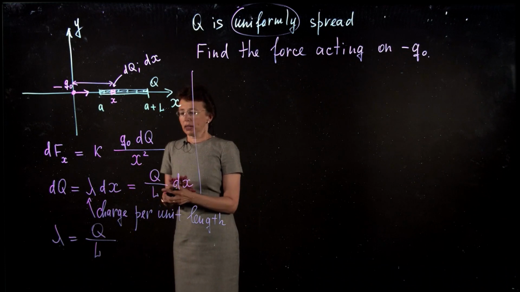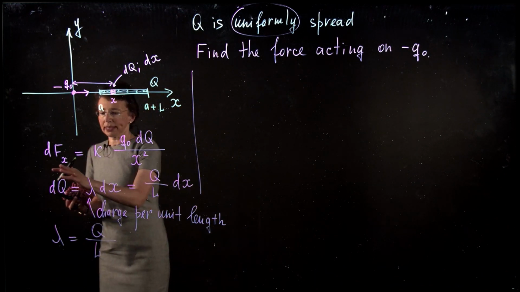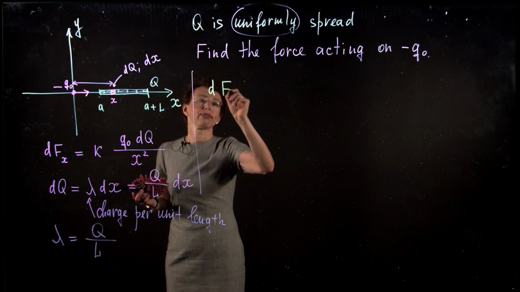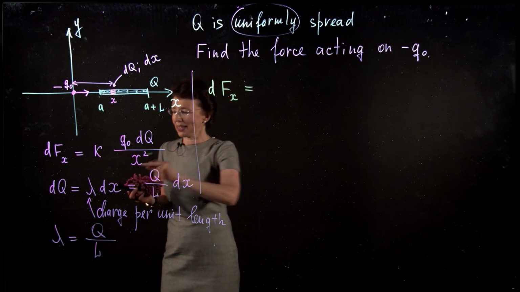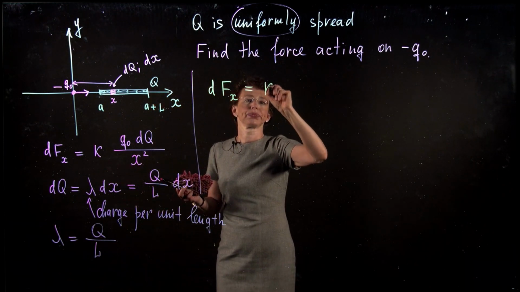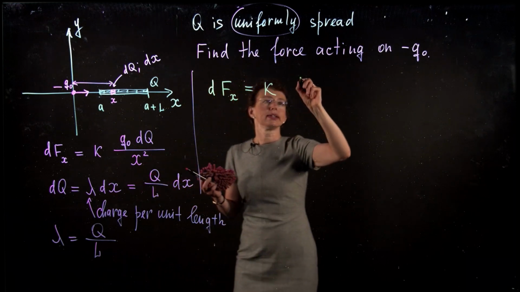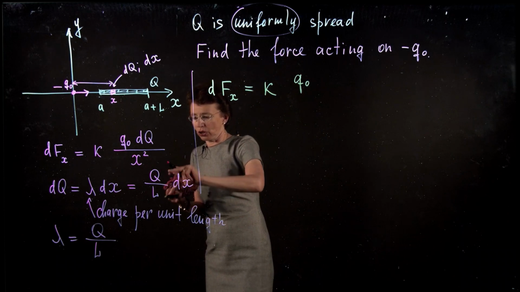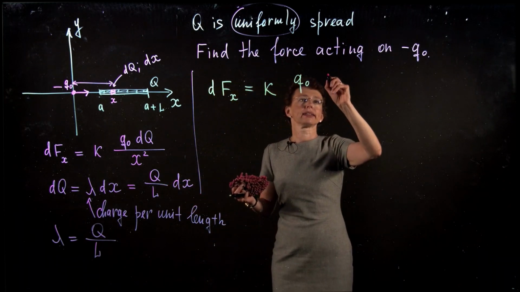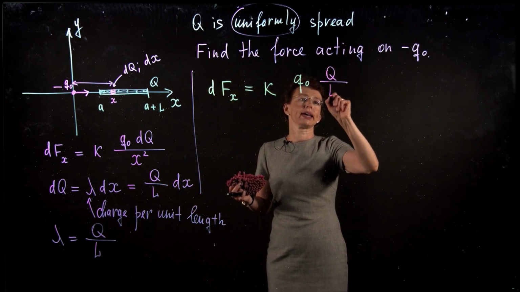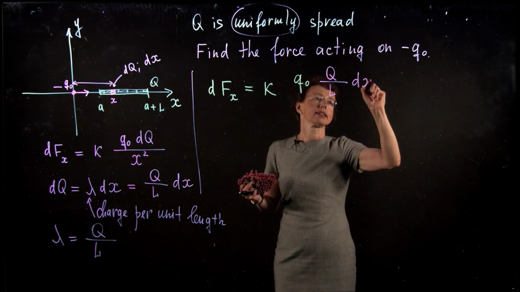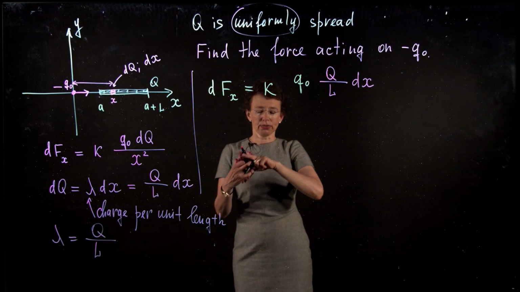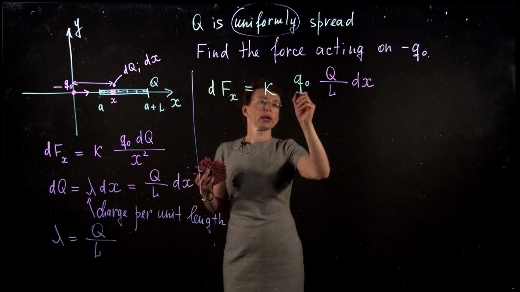And then I can write now dfx and integrate it. So dfx is equal to k, and then q naught, dq is q over L dx, and I divide by x squared.